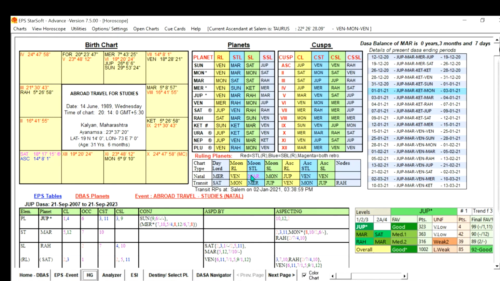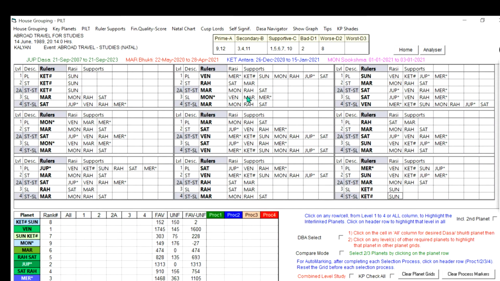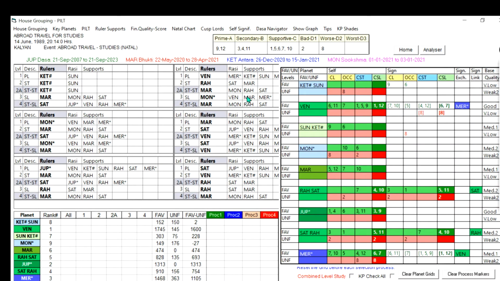I will take you to the house grouping table and the PILT, and through the key planets, I will show how easily we can identify the significators. In that house grouping table you can see the PILT. There I can right click, and the key planets page comes. In that, you can identify the favorable key planets.